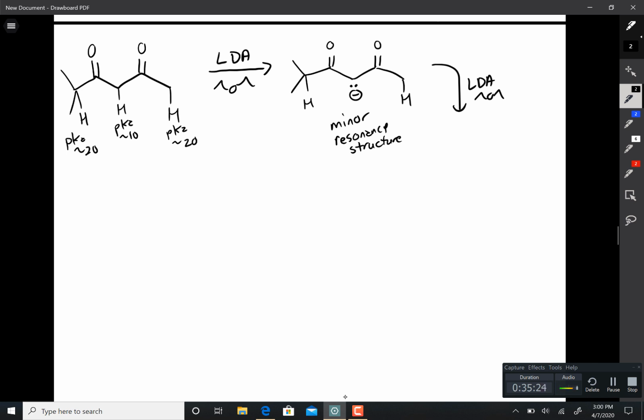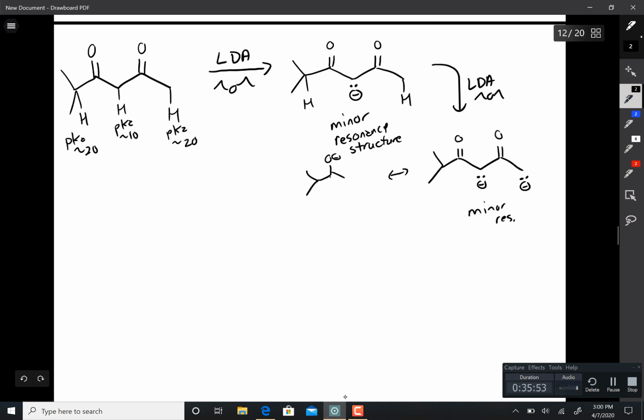They have near equal acidity, so it goes to the less hindered one. Like so. Now this is a very minor resonance structure. The major resonance structure of this compound would be like this. Okay.